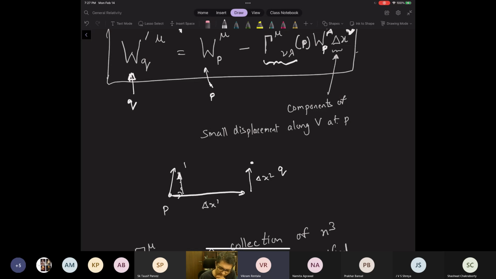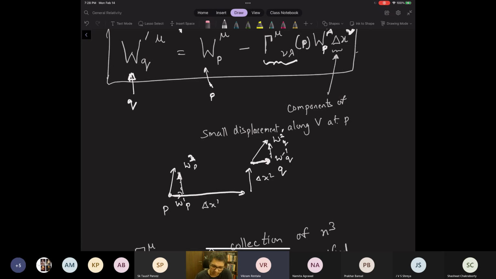So this is W mu at P: this is W2 at P and this component is W1 at P. Now we parallel transport this vector so that it's over here, and again we break it into components: this we call W prime 2 at Q, and this component is W prime 1 at Q, in the horizontal direction.